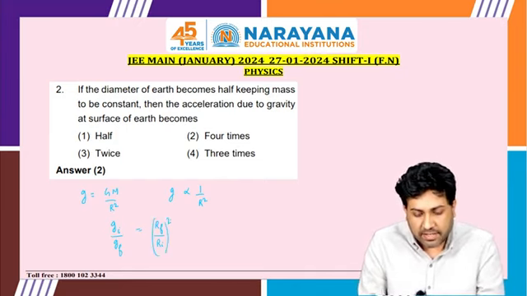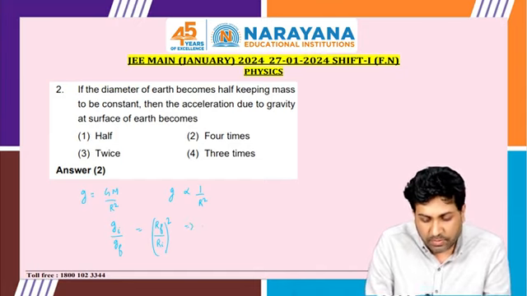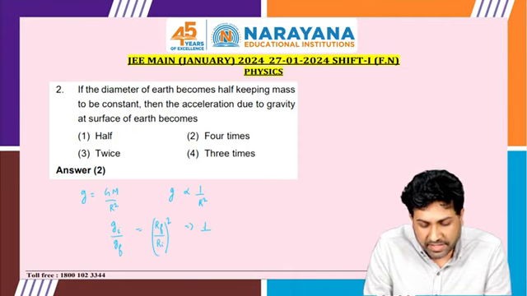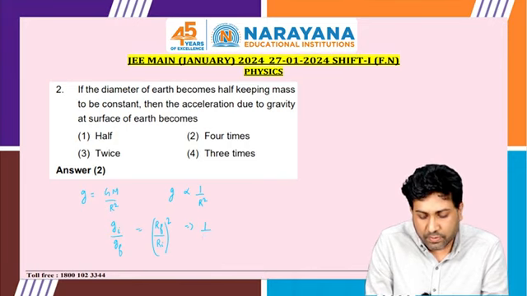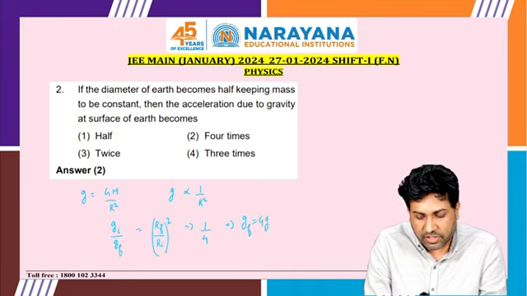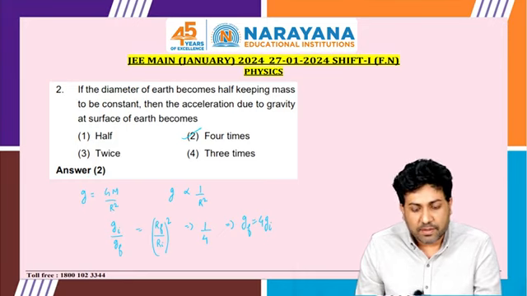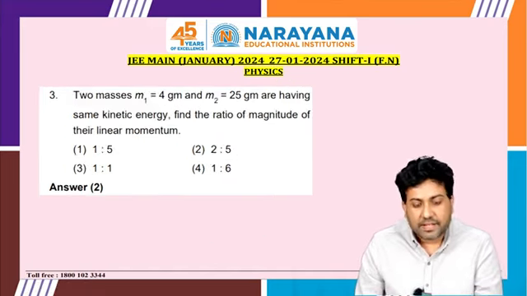So what will I get here? g initial by g final is equal to, because they have said that the radius has become half, final radius is half the initial radius. So I will get half square, that is 1 by 4. So that means I will get g final is 4 times g initial. So the acceleration due to gravity has become 4 times if I have half the radius or the diameter. Okay, now let's move to the next question.